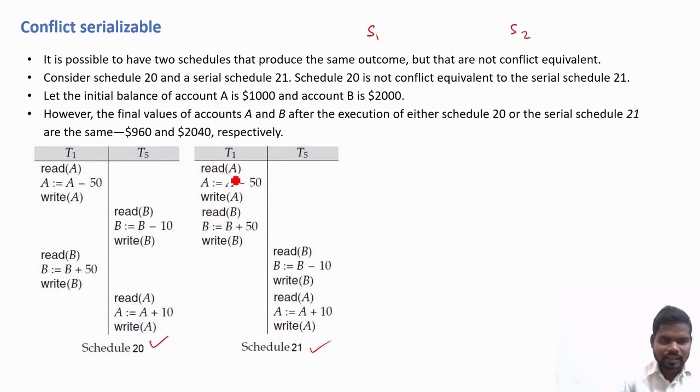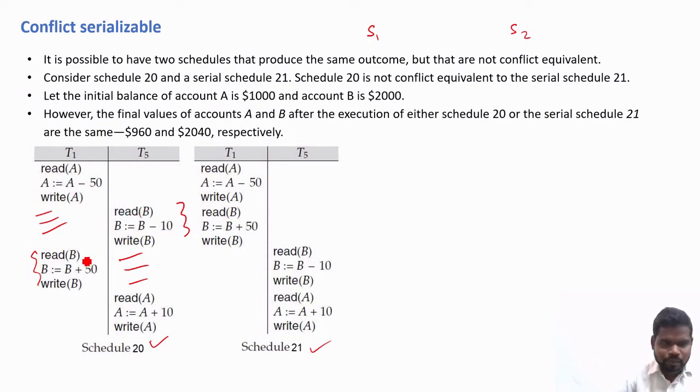But if we see here, these two schedules, 20 and 21, are not conflict equivalent. In order to make them conflict equivalent, these instructions should come here, and these three instructions will go up. It can only be possible by swapping.